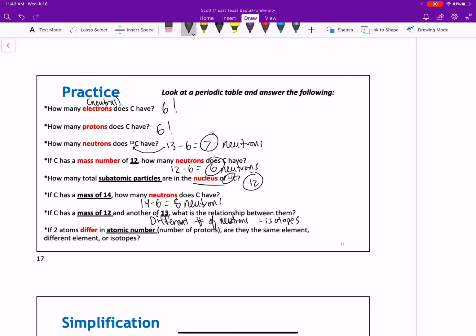Well, if you have a different atomic number, according to the periodic table, you're a different atom altogether, or different element. For instance, carbon is 6. If you add a proton, that changes the atomic number to 7. So if you look at your periodic table, you now just became nitrogen.